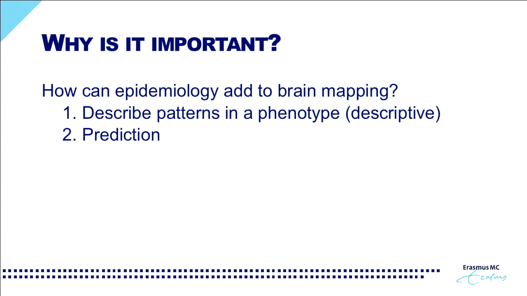Another type of work that we do in epidemiology is prediction work. That's different than having a simple predictor in, say, a regression model, but rather trying to predict the risk that somebody is going to develop a particular disease or a particular event. So a heart attack, Alzheimer's disease, and so on.